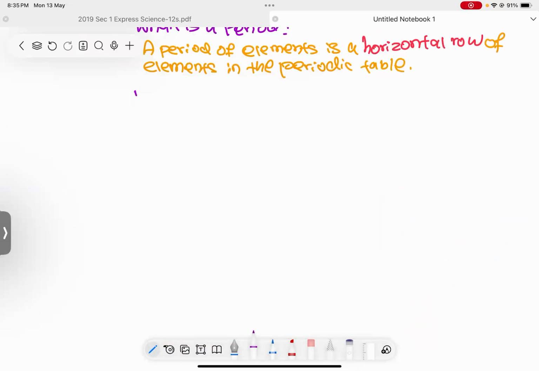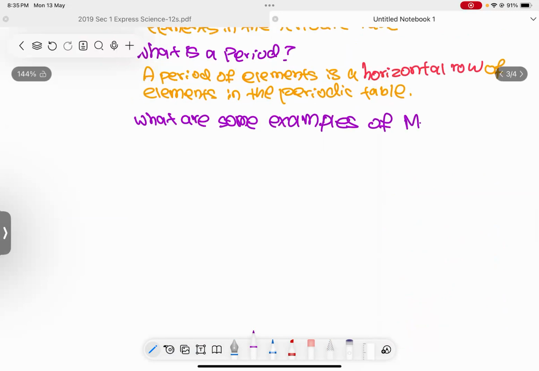So, what are some examples of metals and non-metals?